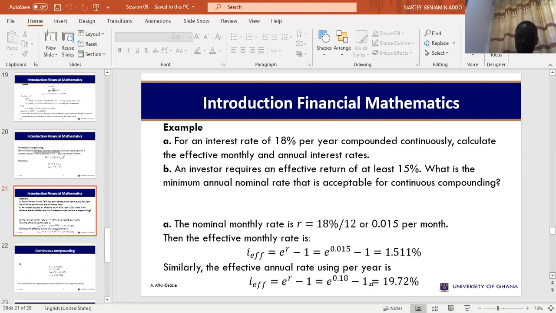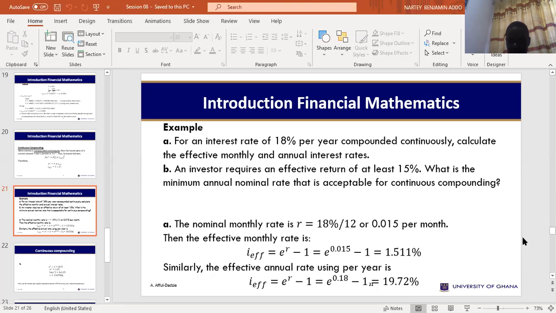So for an interest rate of 18% per year compounded continuously, calculate the effective monthly and annual interest rates. An investor requires an effective return of at least 15%. What is the minimum annual nominal rate that is acceptable for continuous compounding?